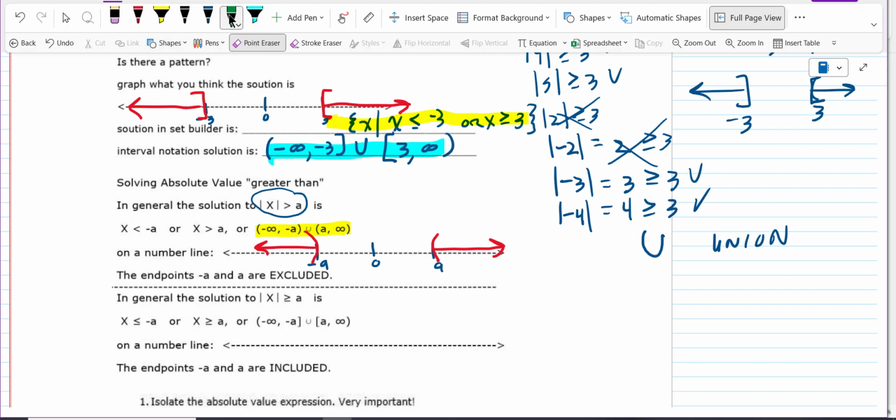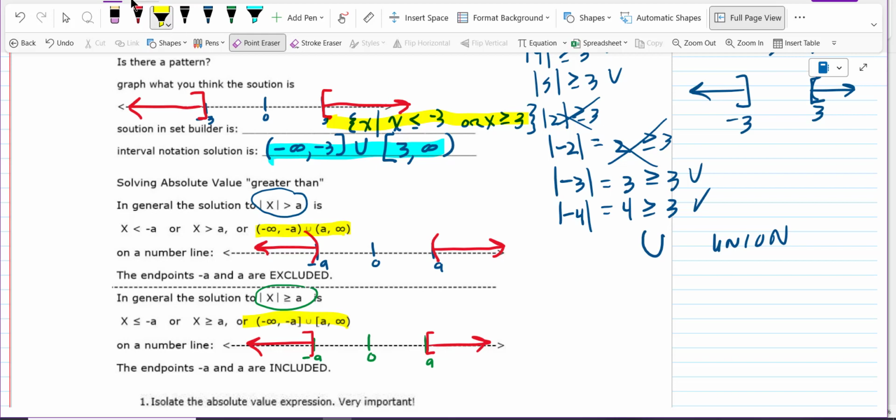Okay, the second one, slightly different. If you're doing the absolute value of x greater than or equal to a, then it goes like this. Okay, what you'll have is numbers larger than a and numbers smaller than negative a. And in this case, your interval notation solution looks like that.